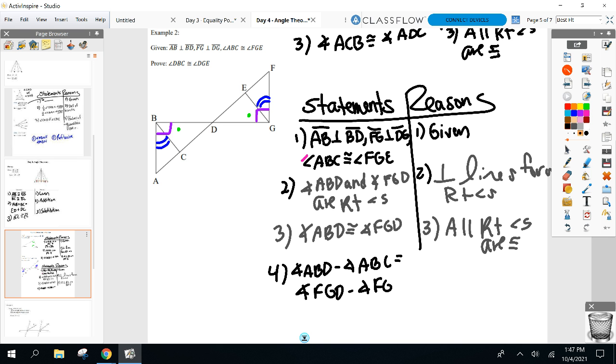FGE. Subtraction. And after subtraction addition, we know substitution to say my proof statement.